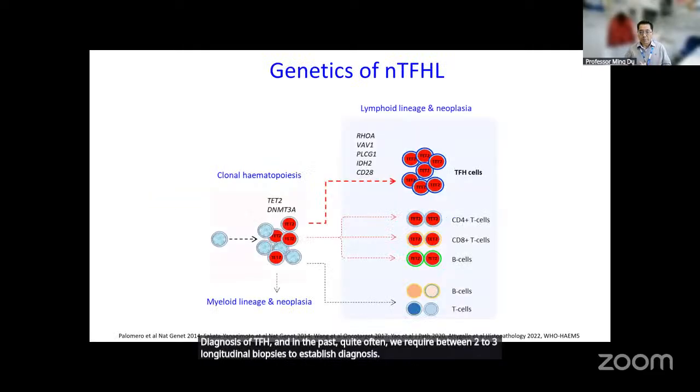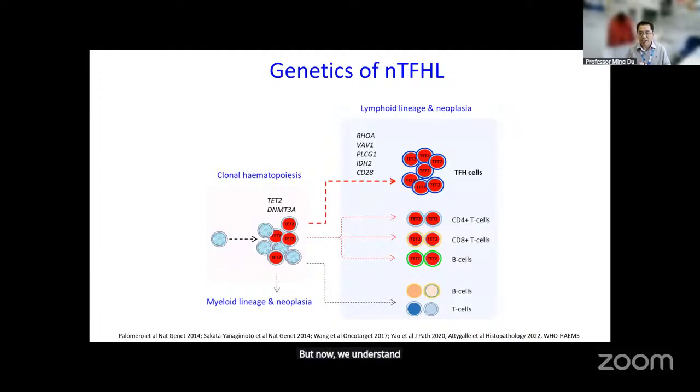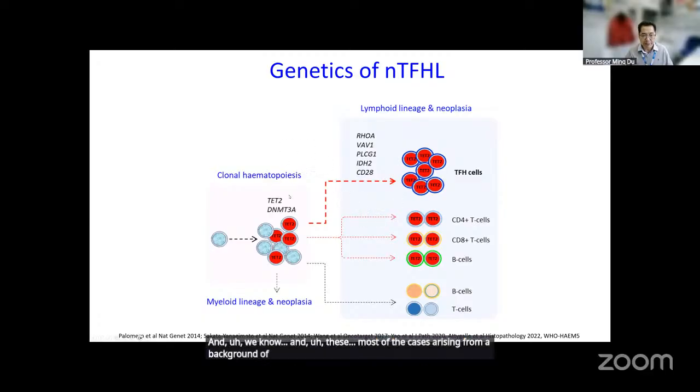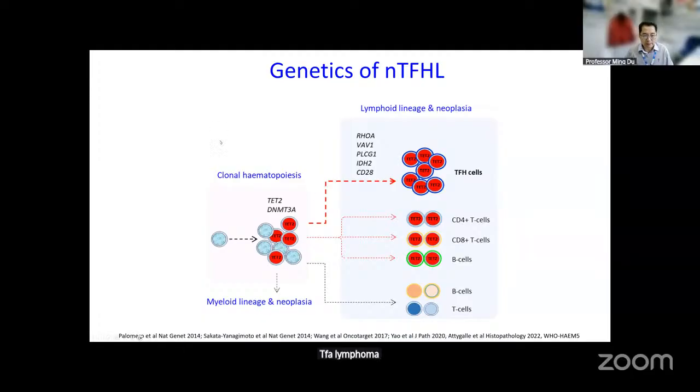But now we understand the genetic alterations in TFH lymphoma, and we know most of the cases arise from a background of clonal hematopoiesis, and TET2 and DNMT3A mutations are very common in TFH lymphoma. So these occurred in the hematopoietic stem cell population.